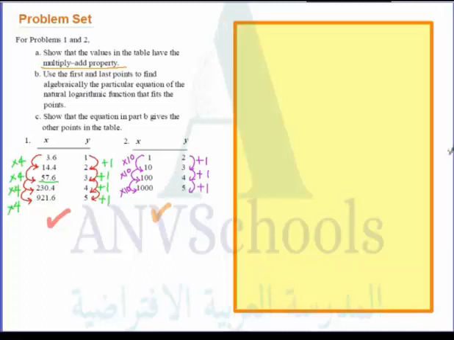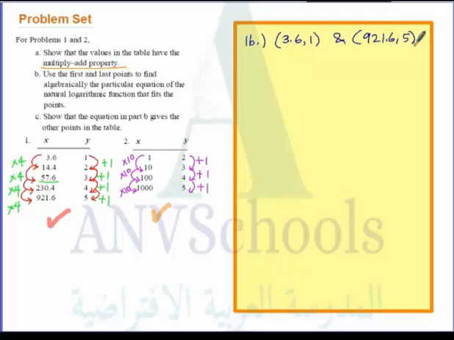Okay, so this is letter B for number 1. Let's do number 1B. The first point is (3.6, 1) and the last point is (921.6, 5).